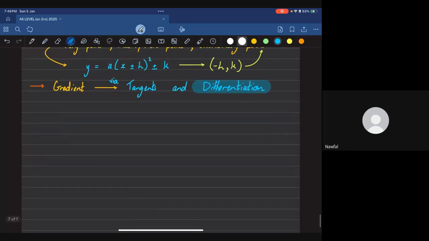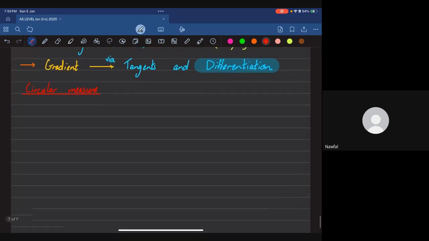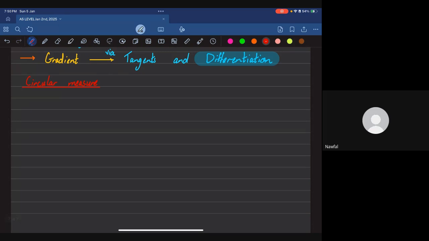Now, a small topic, or you can say subtopic, is circular measure in coordinate geometry. That is what we're going to focus on now. The above part was easy as you like. For circular measure, we need to first know the general form of the equation of a circle.